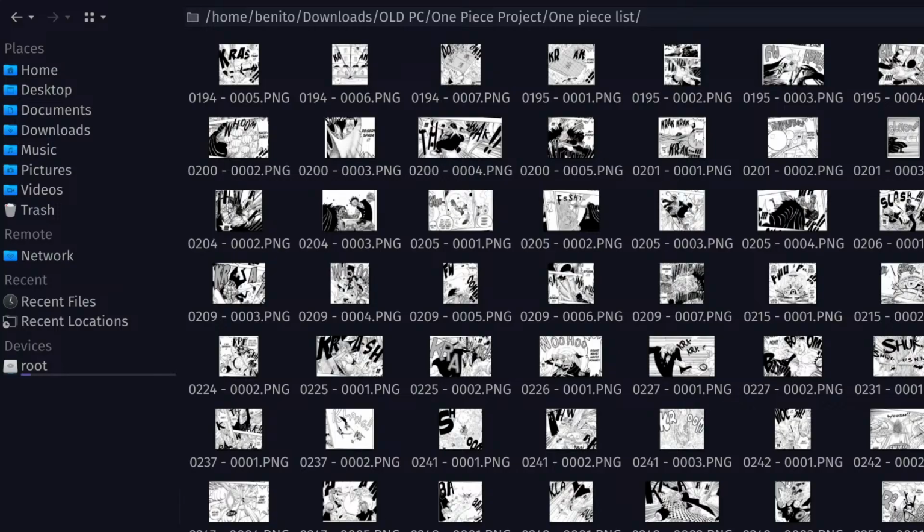Okay. So this one's correctly connected. Yeah. I'm just not seeing the. Okay.